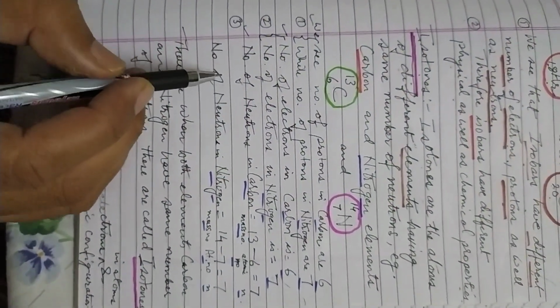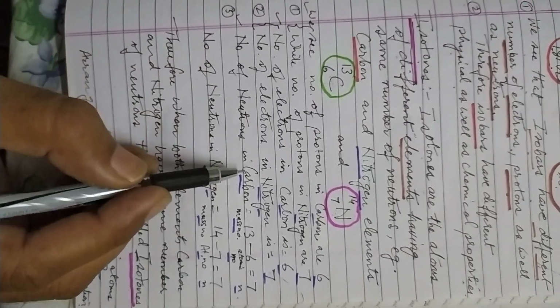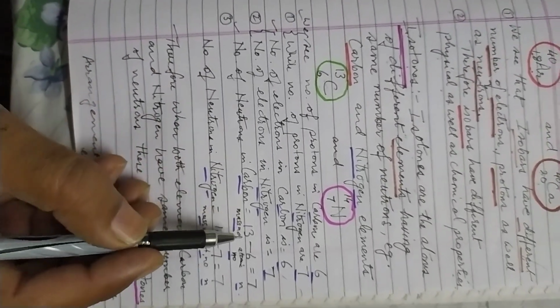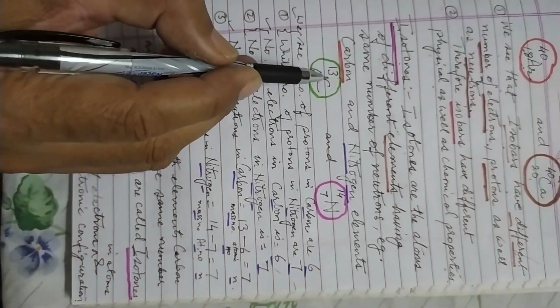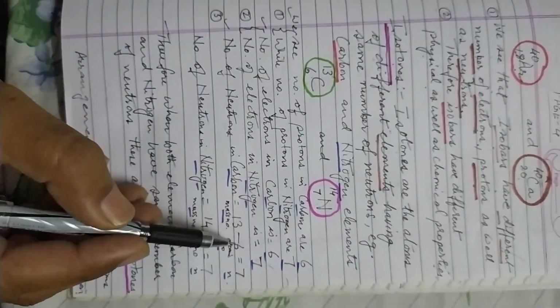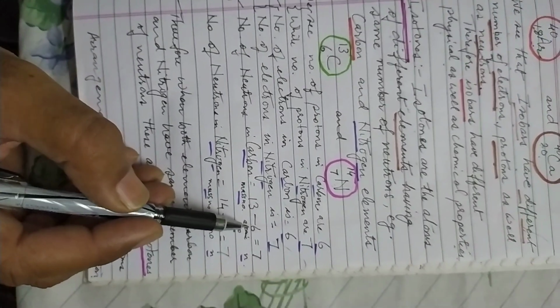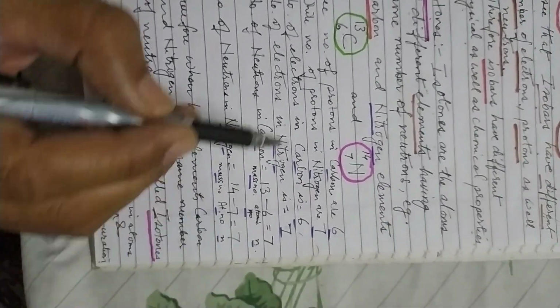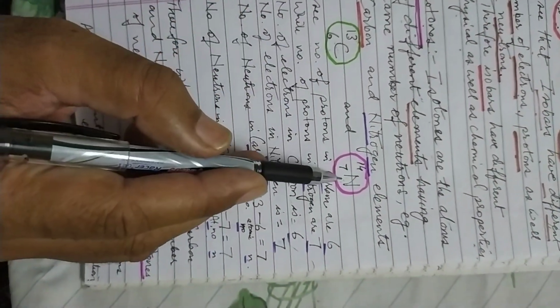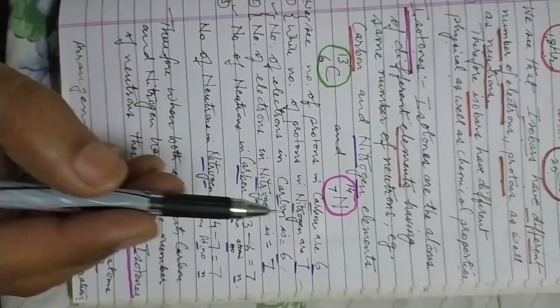Then we see that the number of neutrons in carbon is 13, which is the mass number, minus 6, which is the atomic number, giving us 7 neutrons. Now likewise, let us calculate for nitrogen.